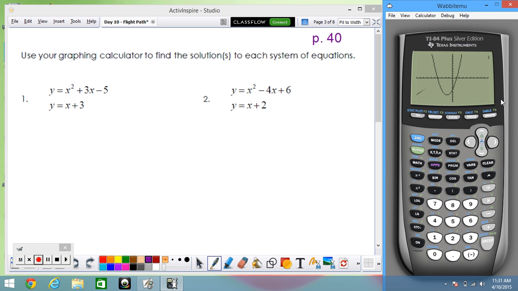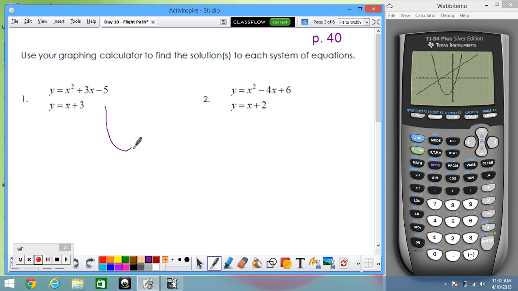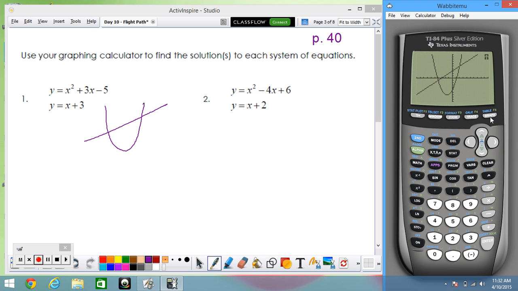Now let's take a quick look at the graph. So when you look at this graph, how many solutions do you see? I see 2. I'm not going to draw a really accurate graph, but I'm just going to kind of draw that it looks like this. And I have two choices here. I can go look at the table and see where the x values are.